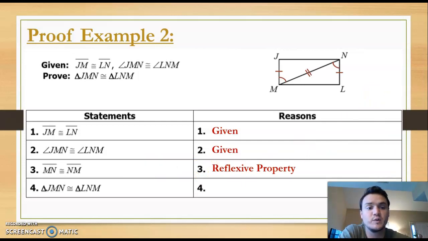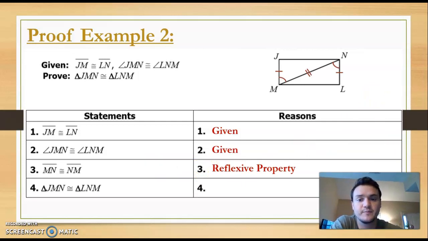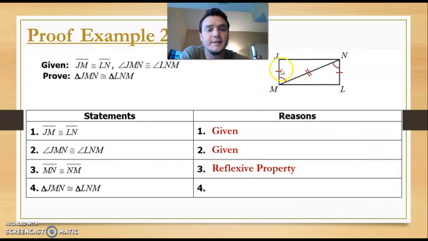Reflexive property is used when you say a side is congruent to itself. And then you should notice that we have side, angle, side in the top triangle, and in the bottom triangle, we have side, angle, side. So because this is side, angle, side congruence, we can say that the triangles JMN is congruent to LNM through side, angle, side congruence.